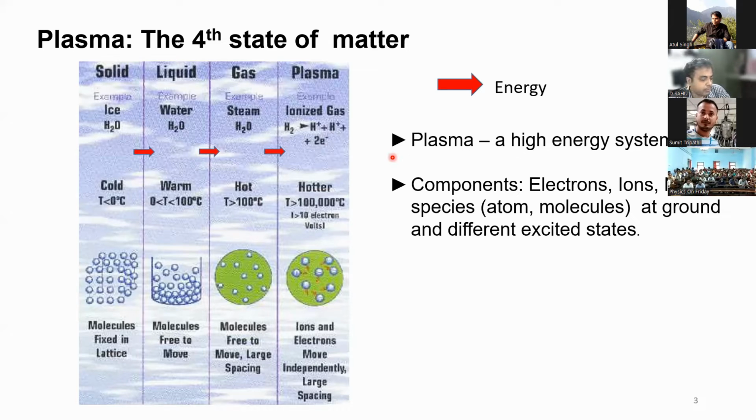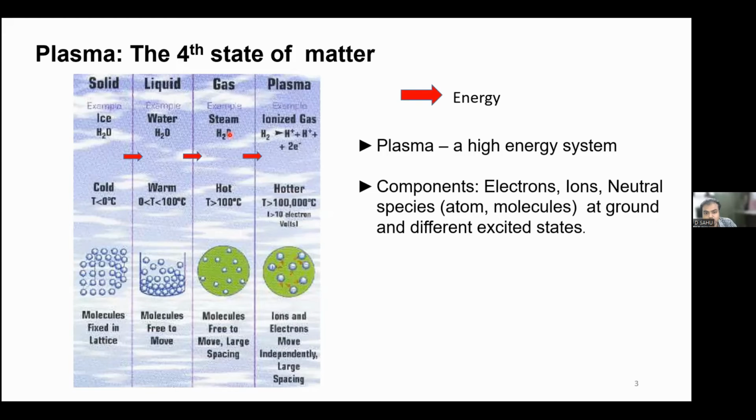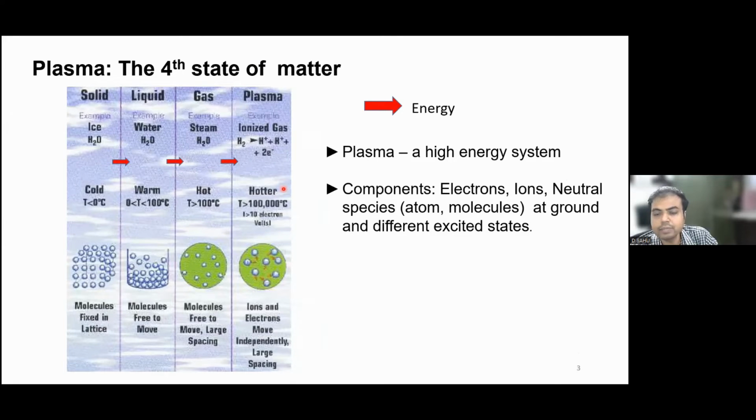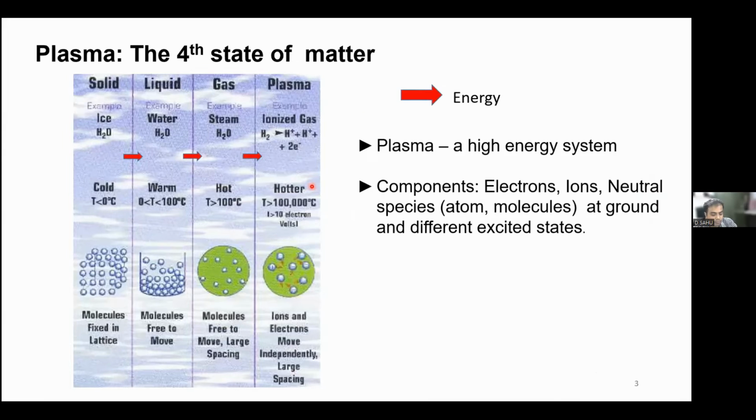Here oxygen is also there, so oxygen will also form ions and electron pairs, which is not shown here. However, when we create plasma experimentally, we generally use a particular gas for our ease.